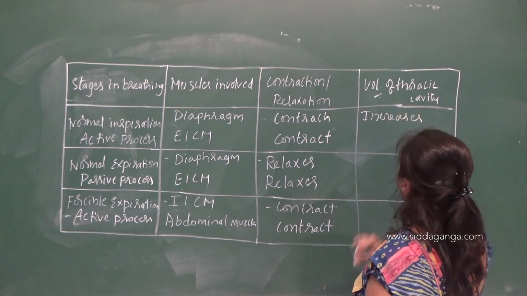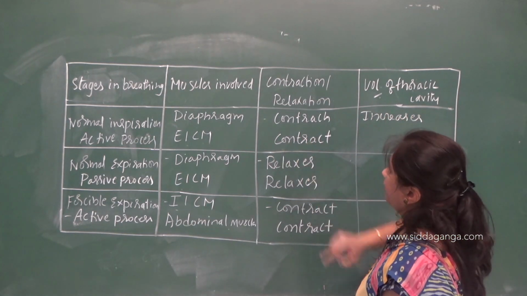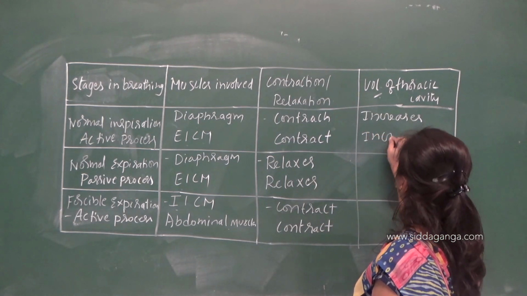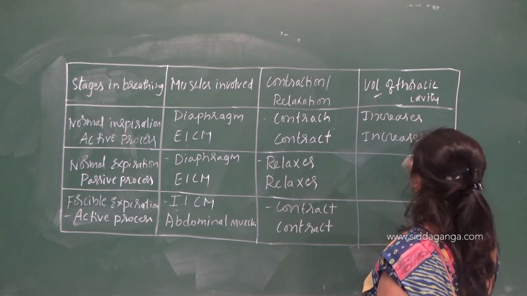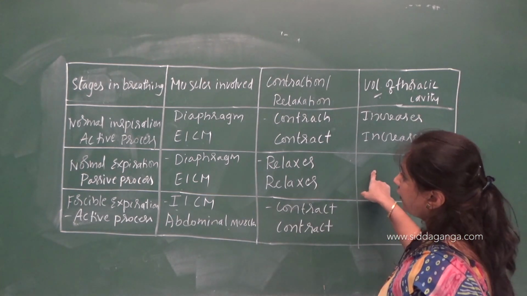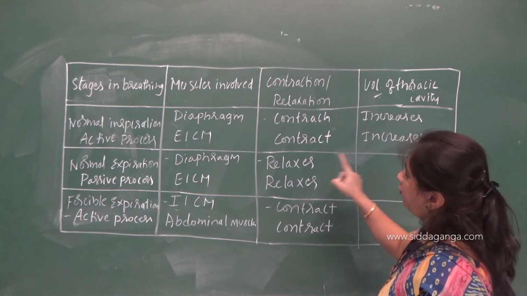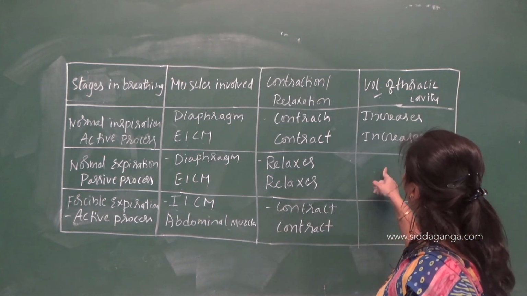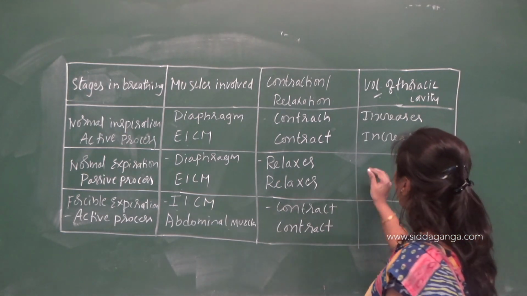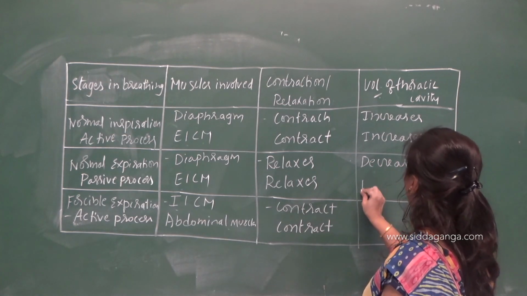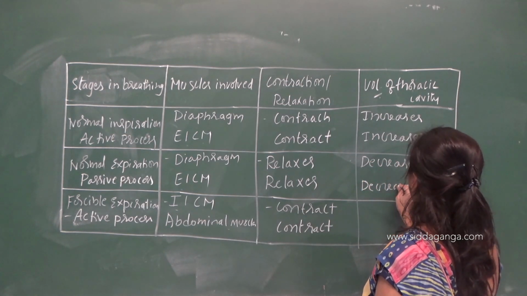Increases. And here also increases. During normal expiration, when the diaphragm muscles and the external intercostal muscles relax, does the volume of the thoracic cavity decrease or increase? Decreases. Here also decreases.